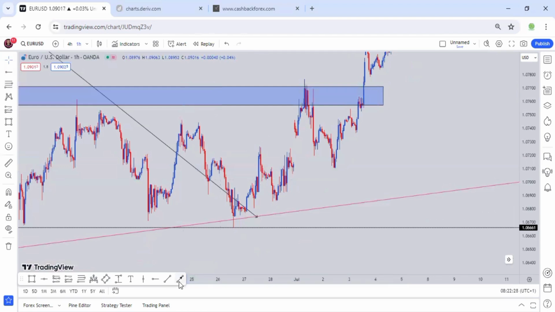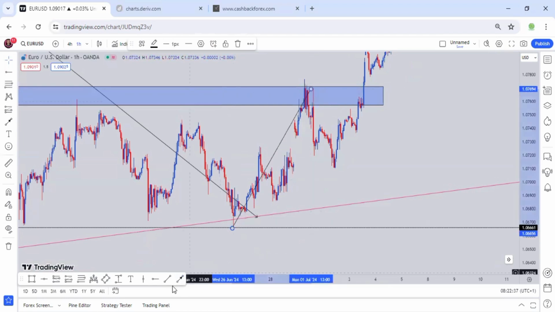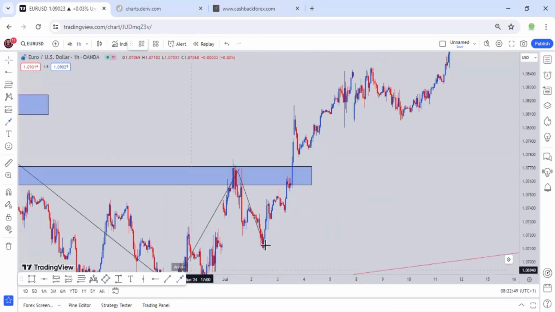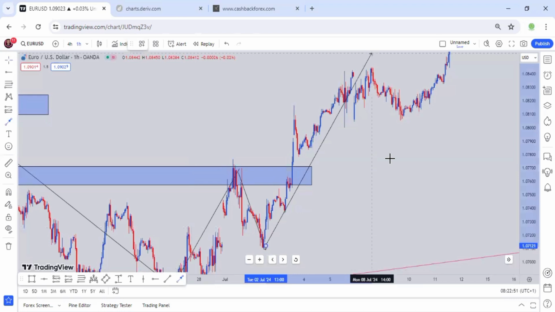So these are the swing points we are seeing now. This is a swing low, right? And this is another swing high, confirming our short term bullish structure.